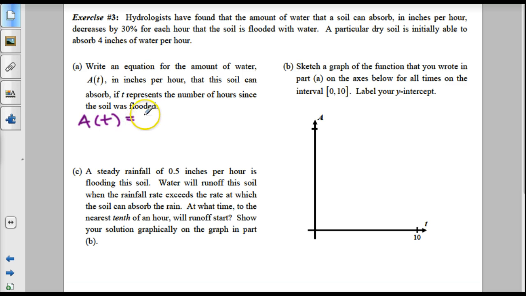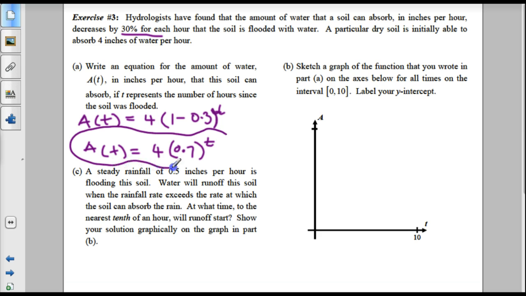They can absorb 4 inches of water, but then after every hour it decreases by 30%. So it's going to be 4 times the quantity 1 take away 0.3, to the t power. This simplifies to 4 times 0.7 to the t power. This is my final. This is my starting value. It's decreasing by 30%.